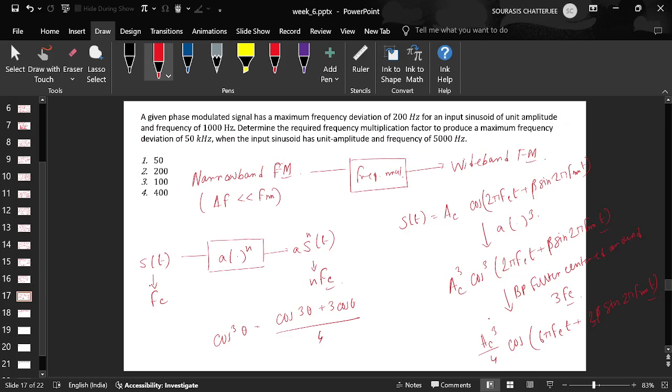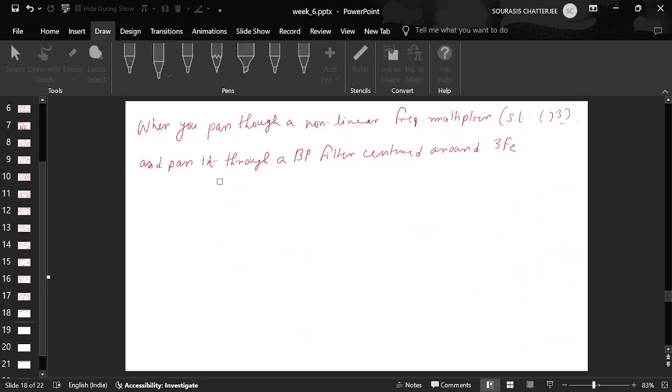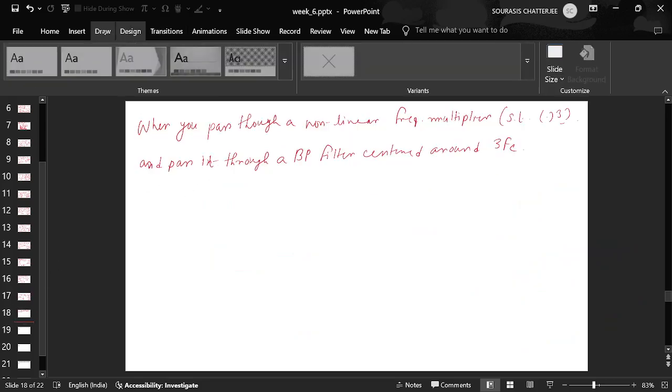When you pass it to a band pass filter centered around 3 fc, it would let only this part pass and the other part it will stop. This part, 3 over 4 times Ac cos of 2 pi fc t plus beta sine 2 pi fm t, it will stop. So the only part that will pass through is this.